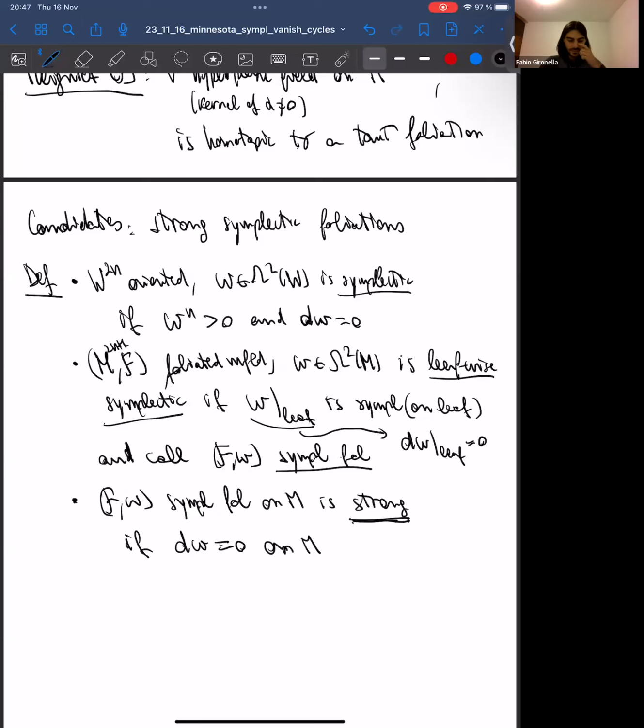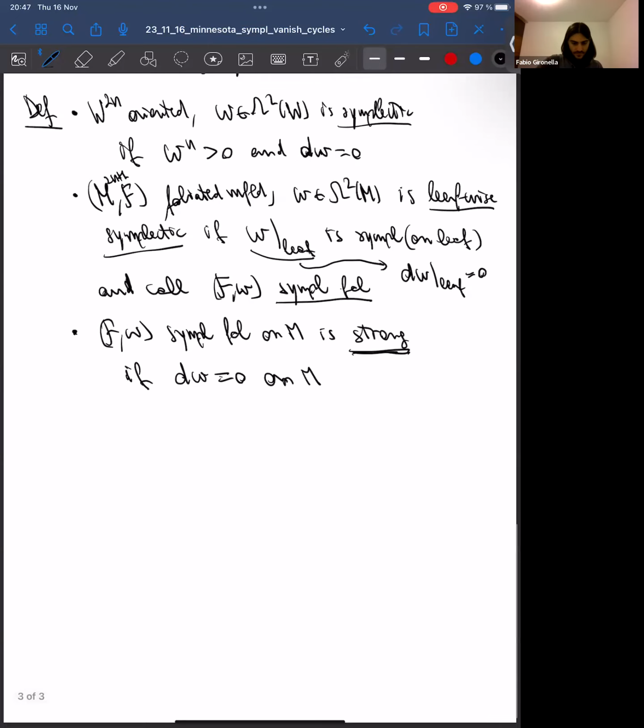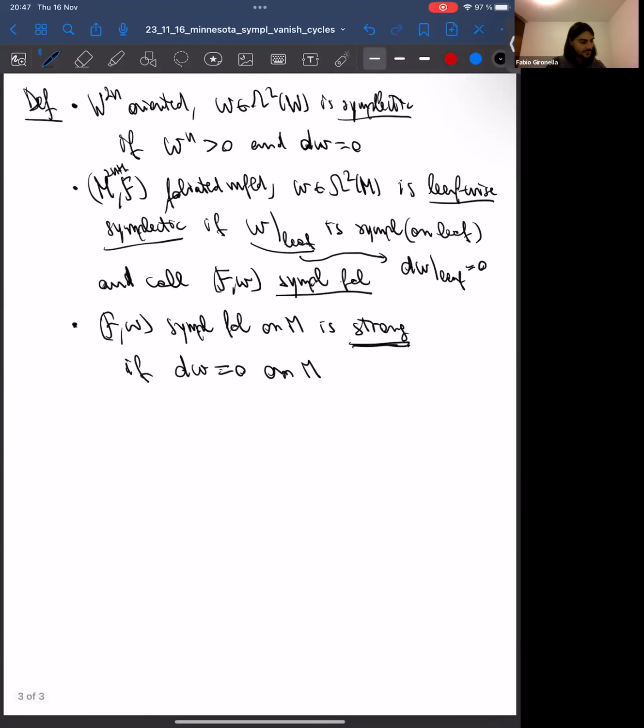That's why it's interesting from the Poisson perspective.